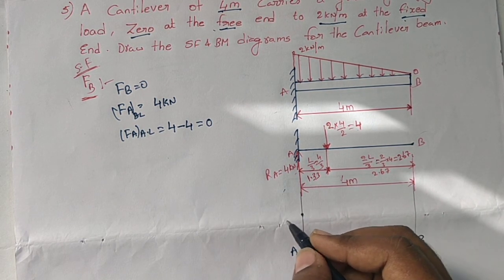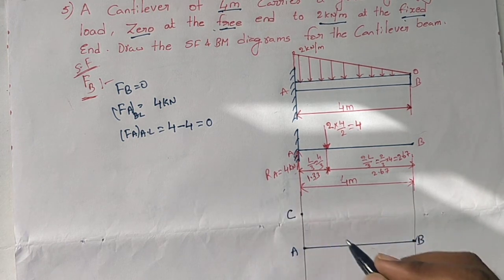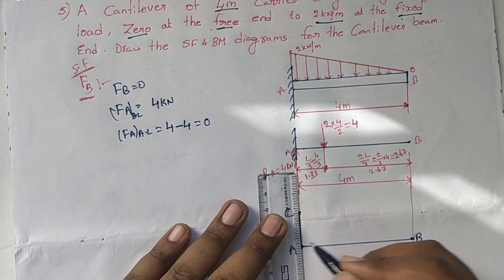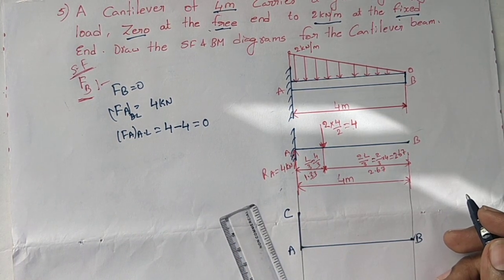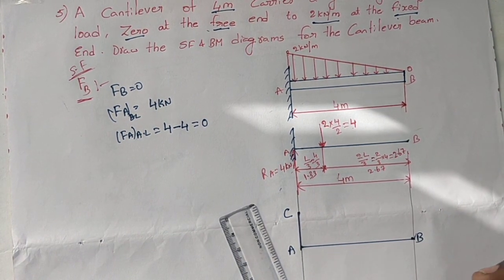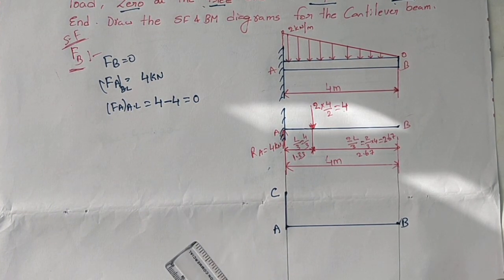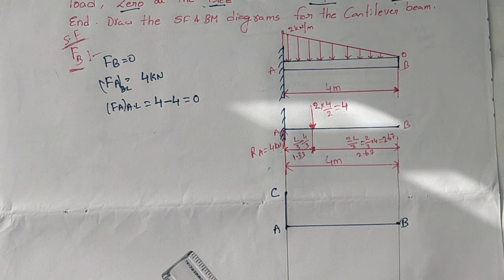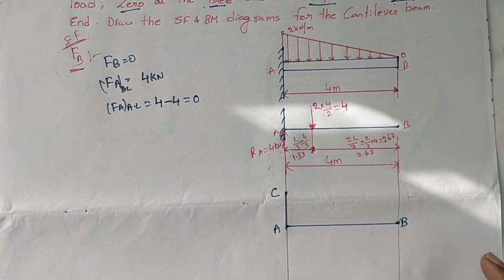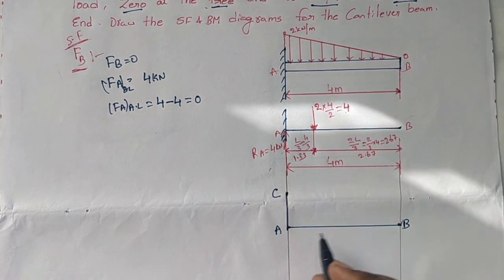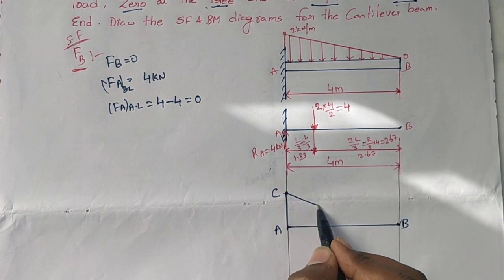But already in the previous class I gave one point: the variation of shear force from one point to another, when the type of load is UVL, is a parabolic curve.